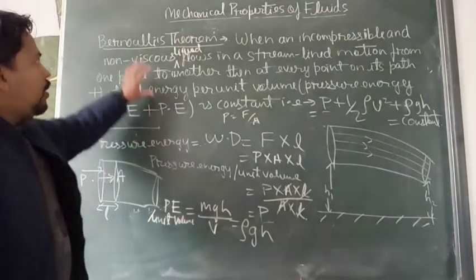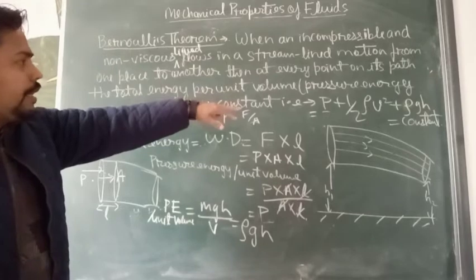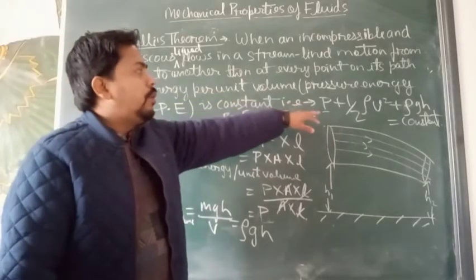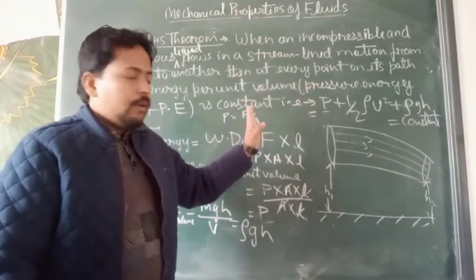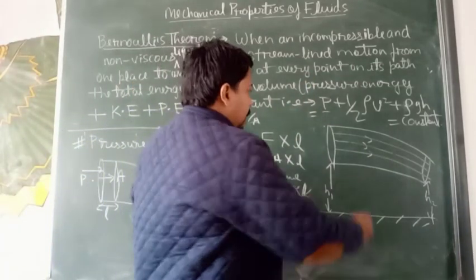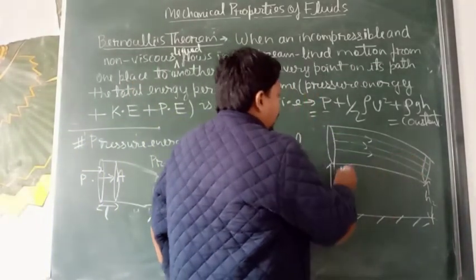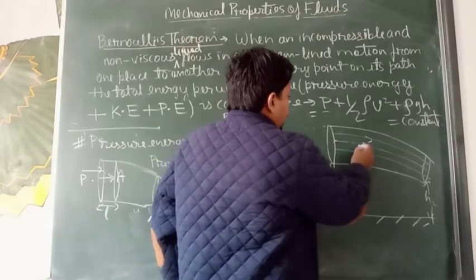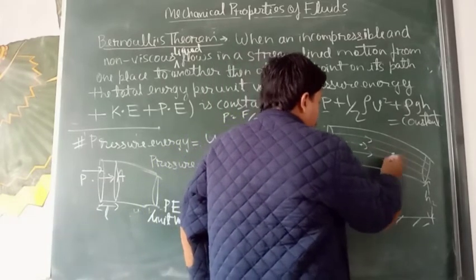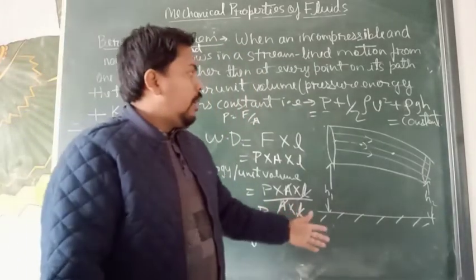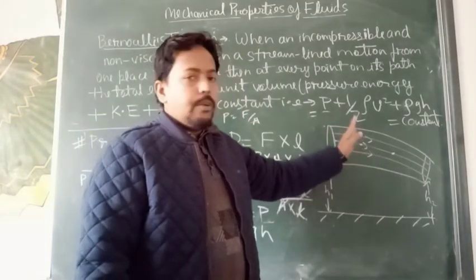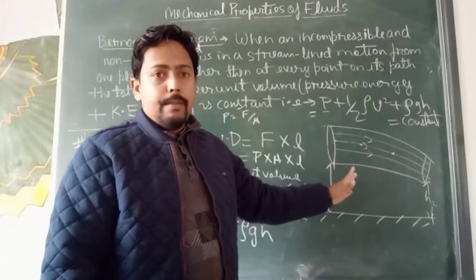Now let's concentrate on deriving this equation, that the total energy per unit volume is constant for every point inside the tube. If I am talking about this point, this point, this point on the straight line, then the total energy per unit volume will be the same at every point.